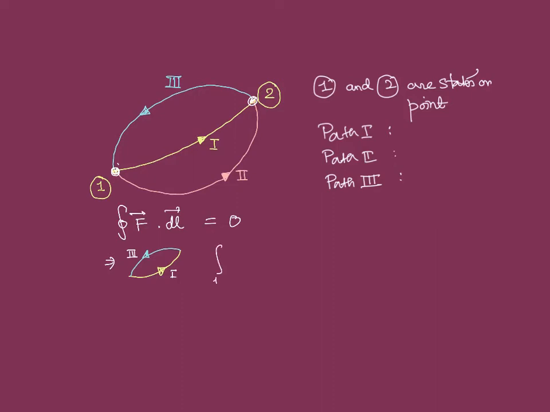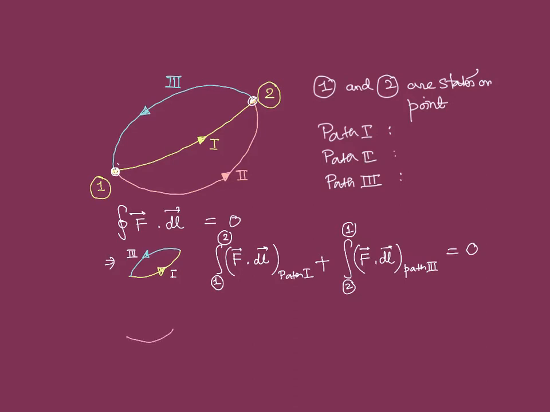So here the integral from 1 to 2 of F dot dl along path 1 plus the integration from 2 to 1 of F dot dl via path 3 is equal to 0.